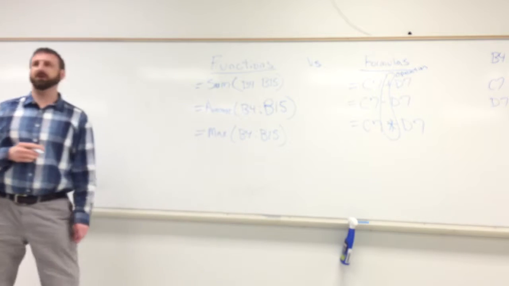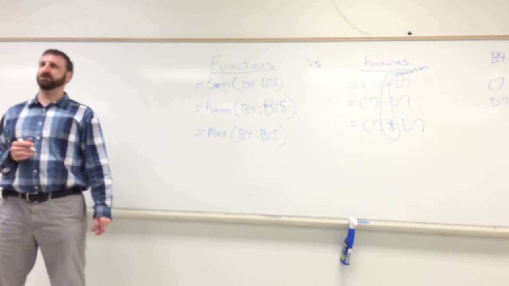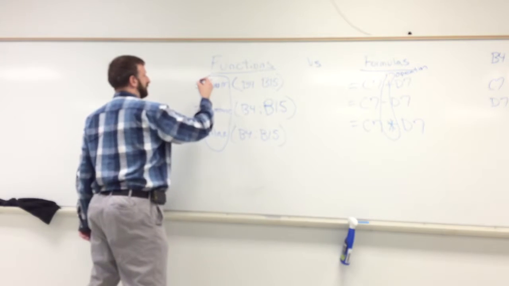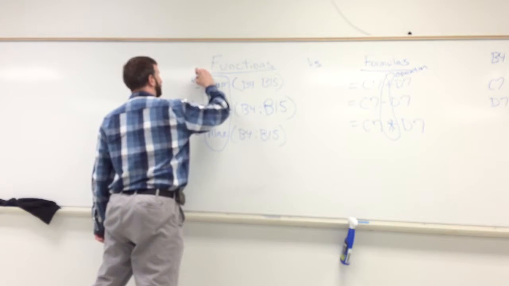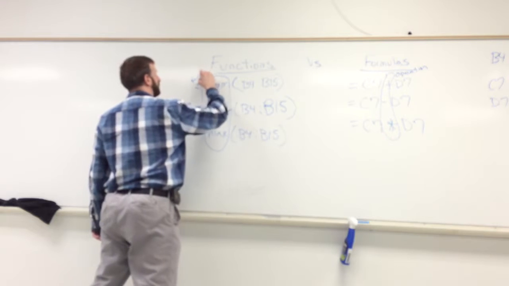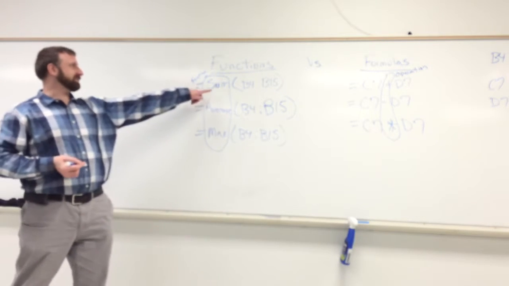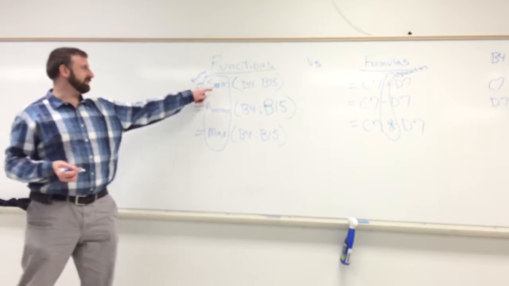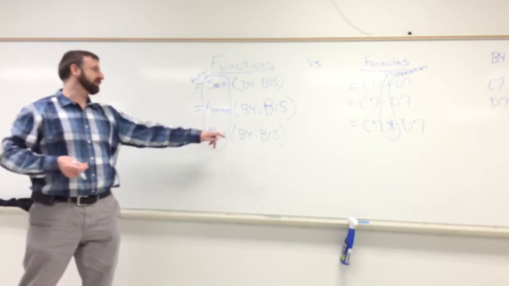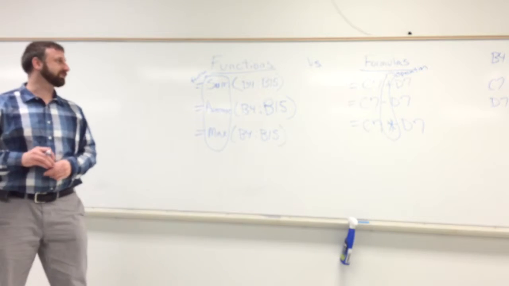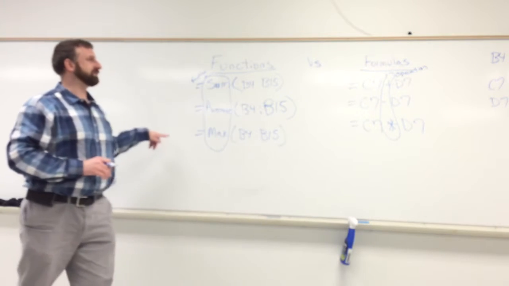Okay, do we see what changes in our functions? It's this value right here. So it's our actual function itself, or the output, however you want to think of it. So in this case, this is what we want the outcome to be. The range stays the same if we were using that same range. So this is the difference between a function and a formula.